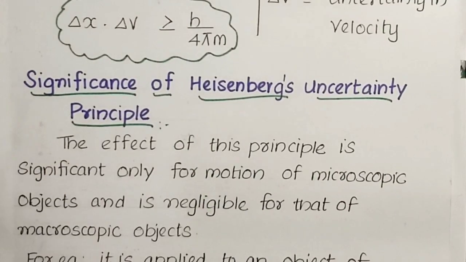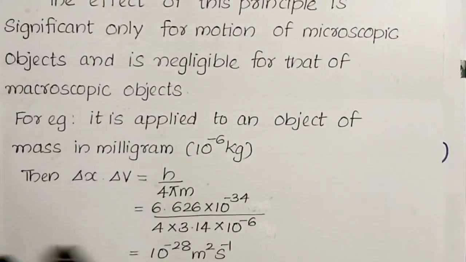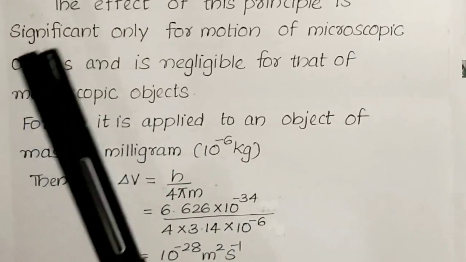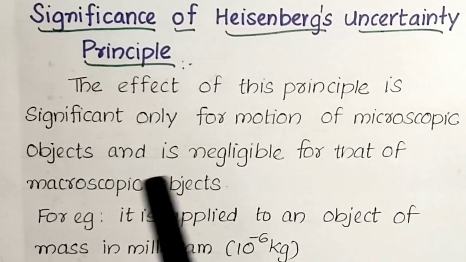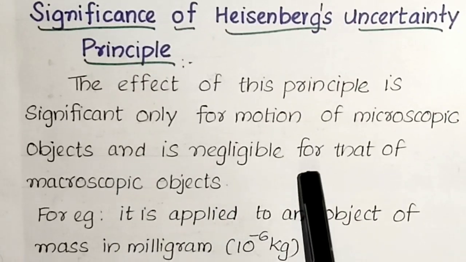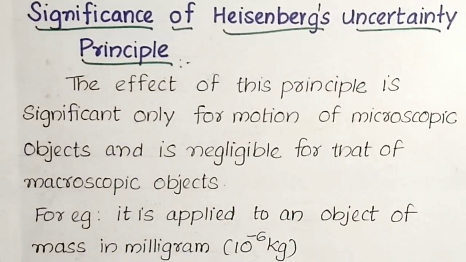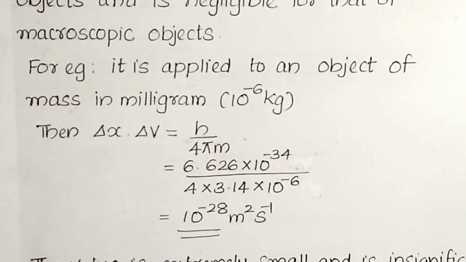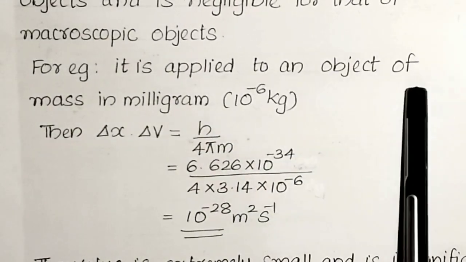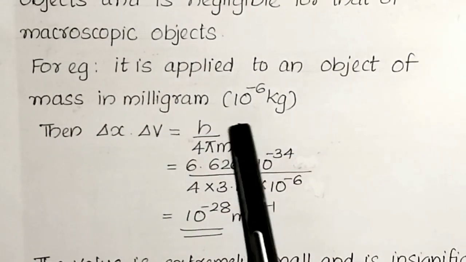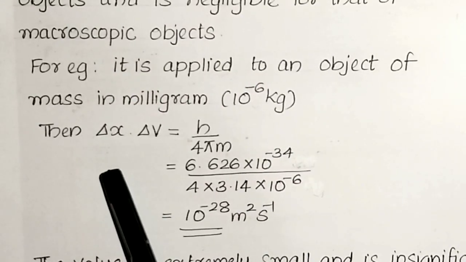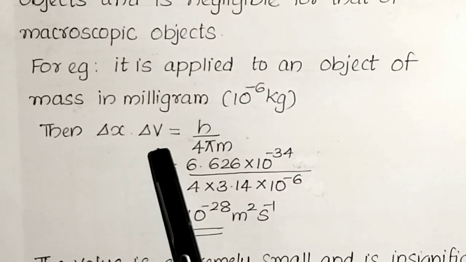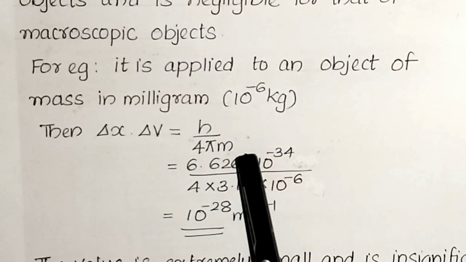Next, the significance of Heisenberg's uncertainty principle. This principle is applicable only in the case of microscopic objects and it is negligible in the case of macroscopic objects. For example, take an object of mass in milligram, that is 10 raised to minus 6 kilogram. Then delta x into delta v is equal to h by 4 pi m.